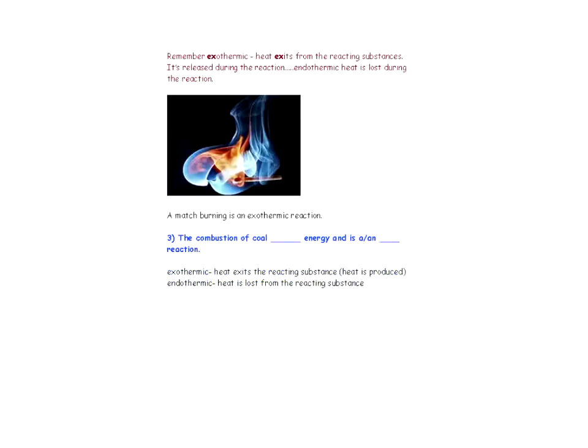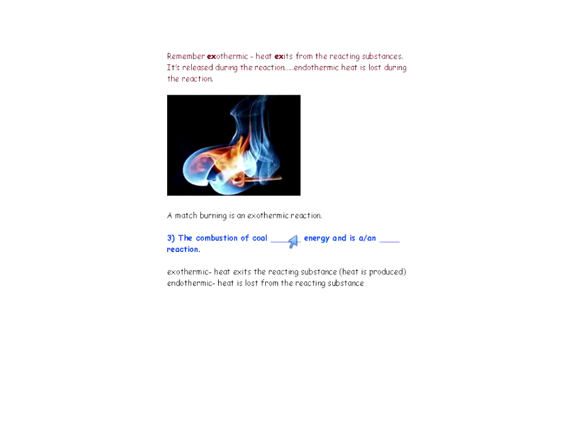And so here's a picture, of course, showing an exothermic reaction where heat's produced. So could somebody help me here with filling in these blanks? So the combustion of coal does what to energy? What word would we put in here to describe the energy change that happens with the combustion of coal? Okay, it's exothermic.